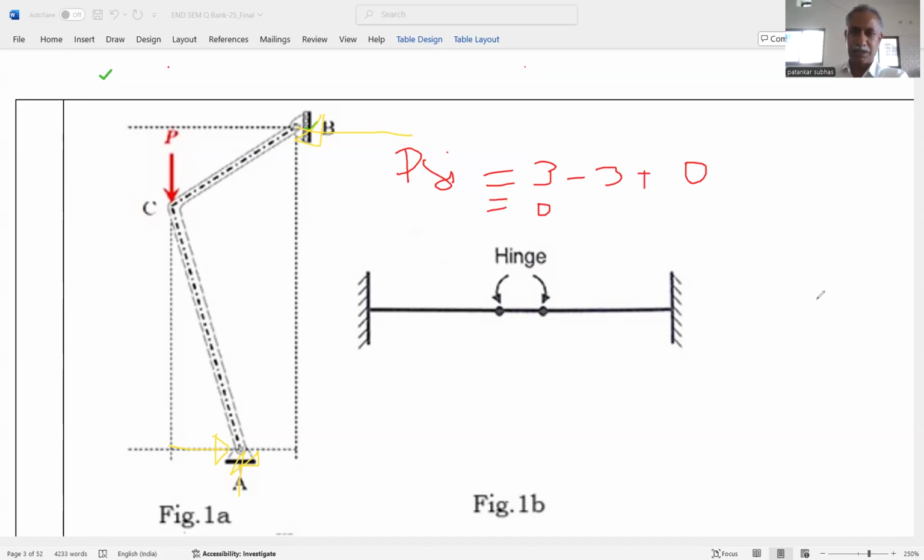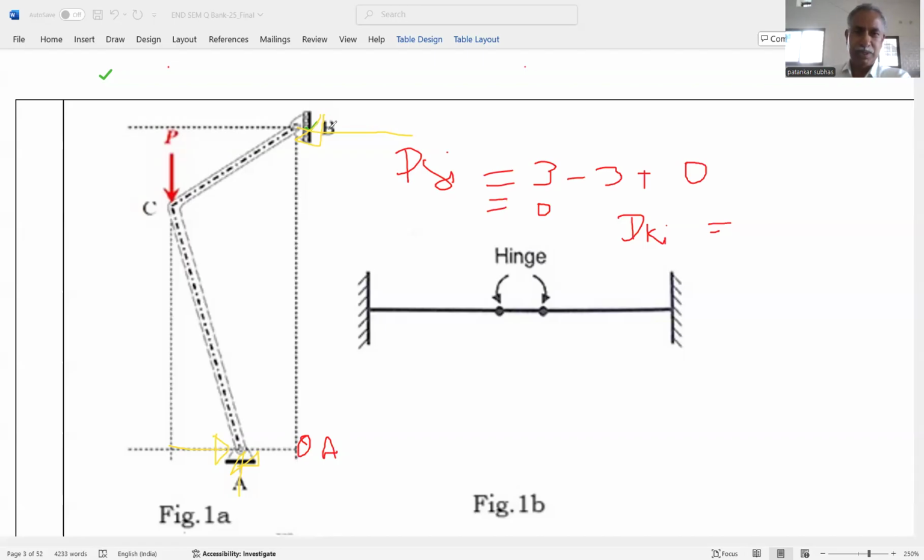Regarding the kinematic redundancy, that is the DKi. Again, here it is observed that at support A, horizontal and vertical translation are restricted, but it can be deflected. That means the rotation is allowed. That's why theta A is there.